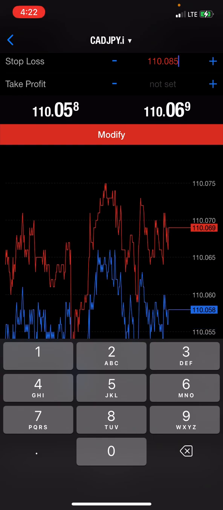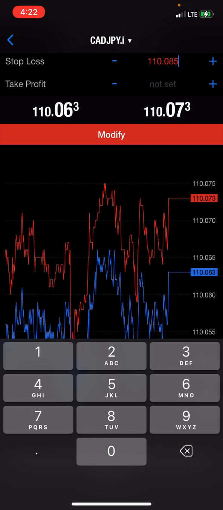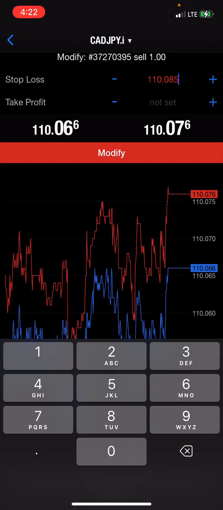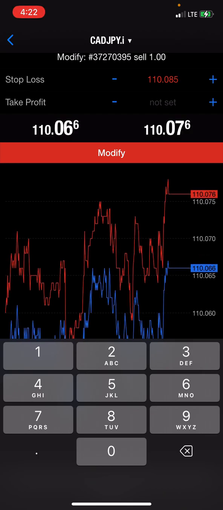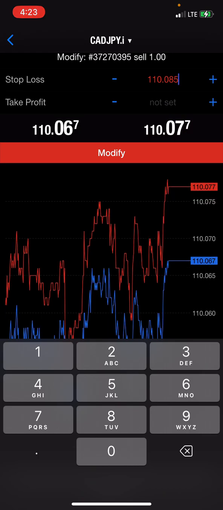I need some more sell pressure though. But at the same time, you see how it's gone up? See, I didn't really do my stop loss yet because, I mean, I can.